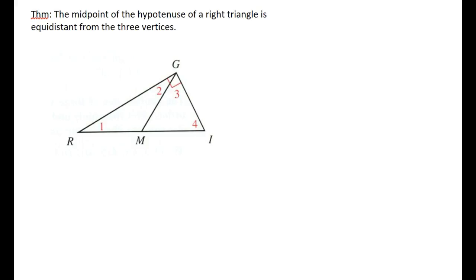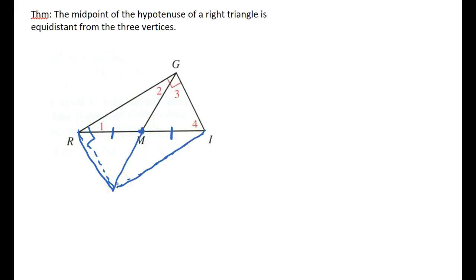Okay, this theorem says that the midpoint of the hypotenuse of a right triangle is equidistant from the 3 vertices. So since this is the midpoint, then we know that that's congruent to that. So we've got those 2 pieces congruent, but how do we show that MG is the same distance? Well, what I'm going to do is draw 2 sides out here. So what I do is I create a rectangle now, okay? And complete that diagonal.